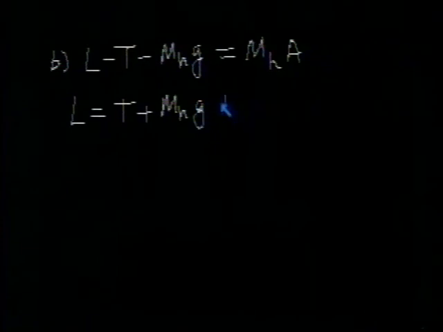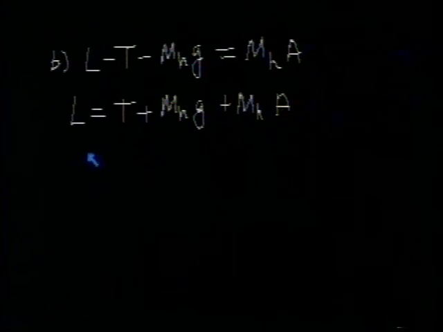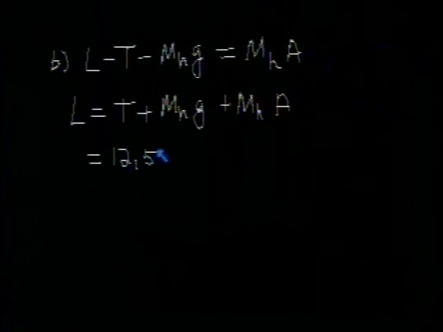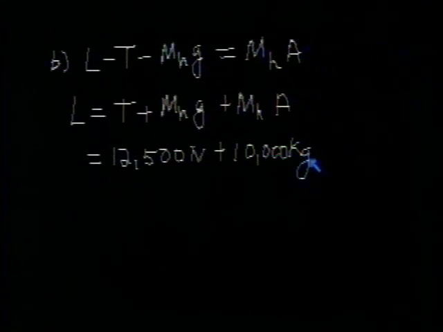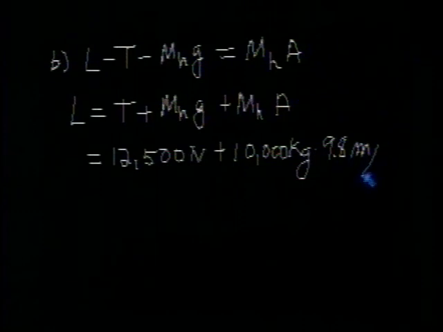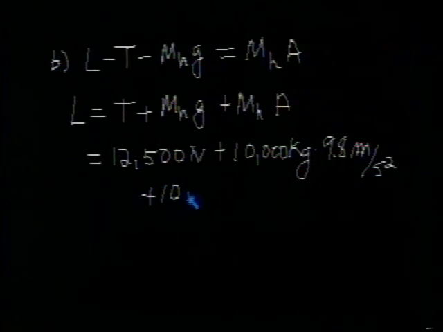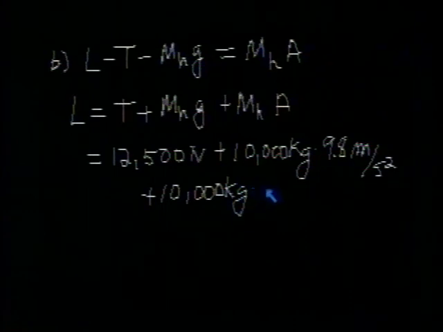Solving for the lift L, we have that L is equal to T plus M sub h g plus M sub h a. And putting in values for the tension T, we've already determined that that is 12,500 newtons, plus the mass of the helicopter, 10,000 kilograms, multiplied by 9.8 meters per second squared, plus the mass of the helicopter, 10,000 kilograms times 0.6 meters per second squared.